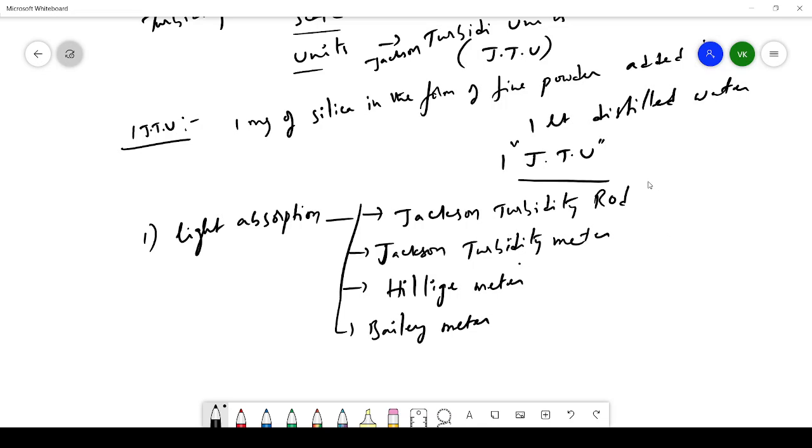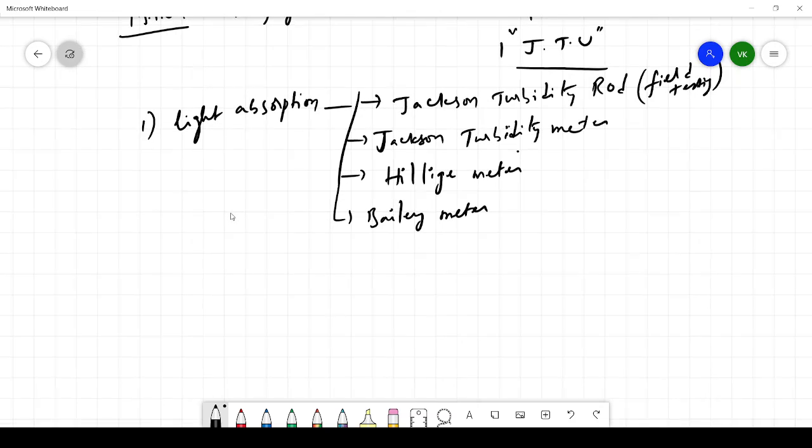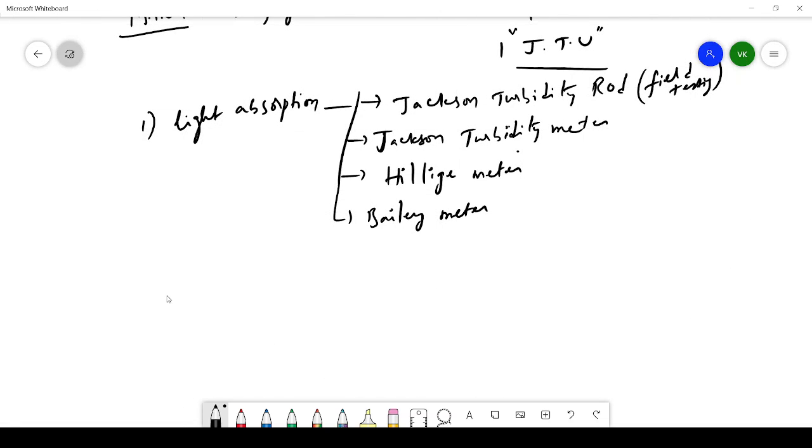Generally, Jackson turbidity rod is used for field testing. If you want to know the turbidity present in a lake, then you can do the field testing using Jackson turbidity rod. Let us see how we measure the turbidity in water using Jackson turbidity rod. Assume that this is a lake.